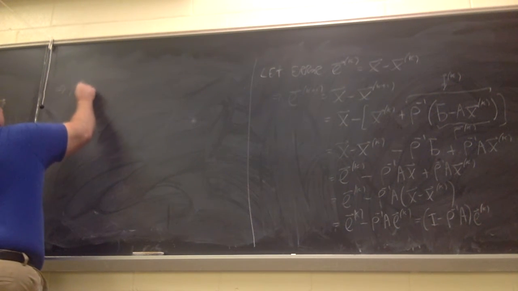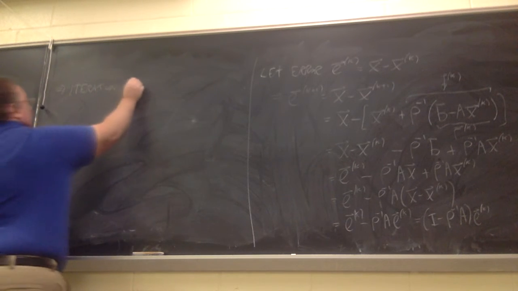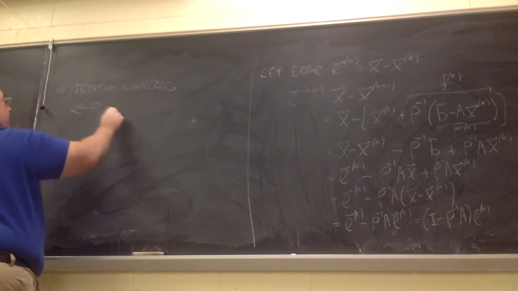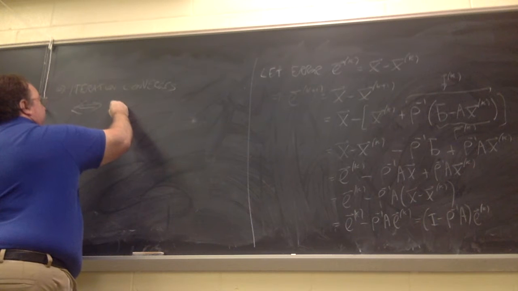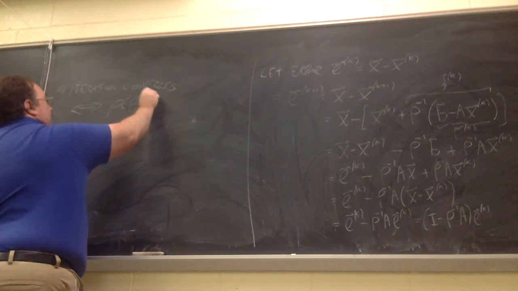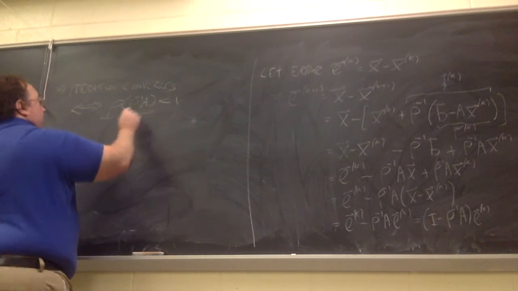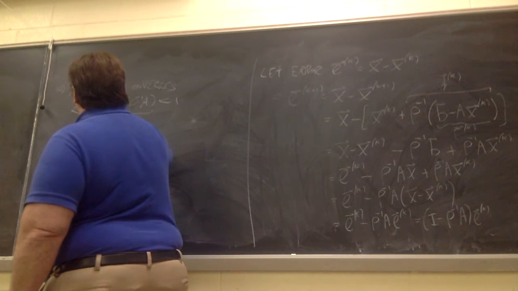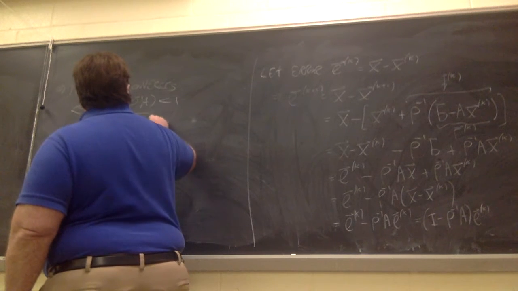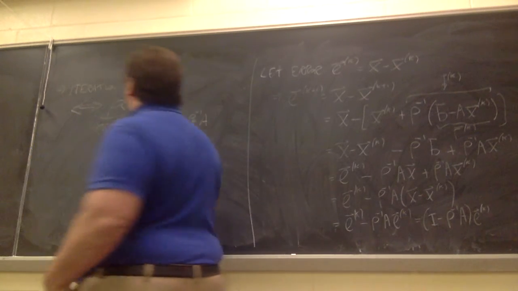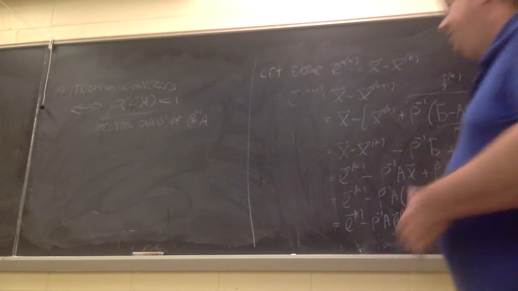So the iteration converges if and only if rho of P inverse A is less than 1, where rho, that's the Greek letter rho, of P inverse A is called the spectral radius of P inverse A. Now, what is the spectral radius?